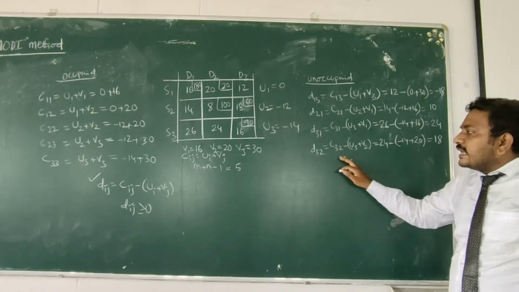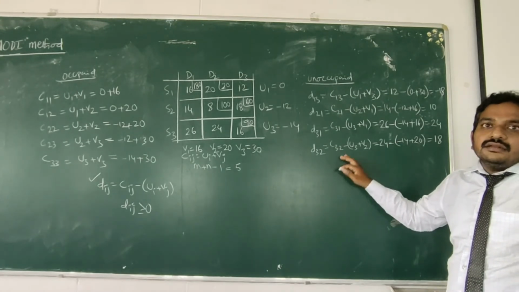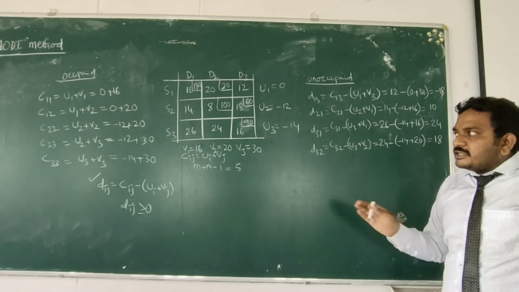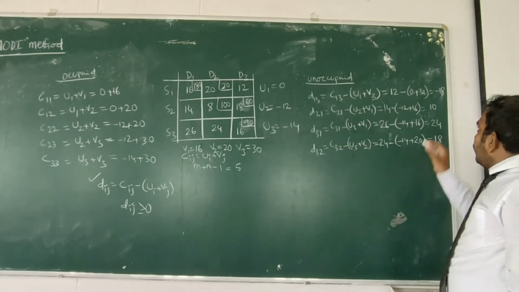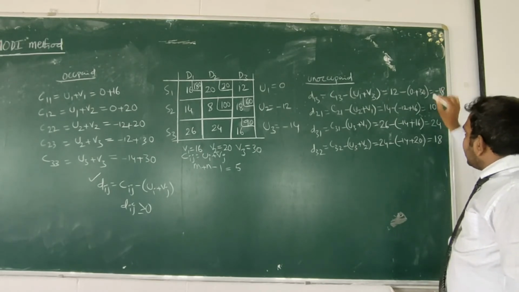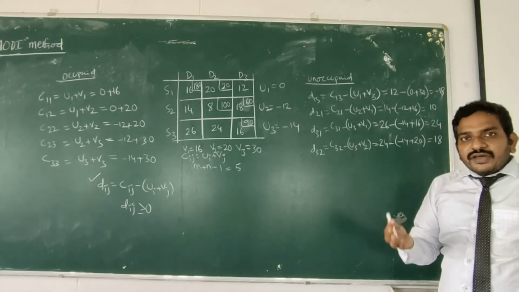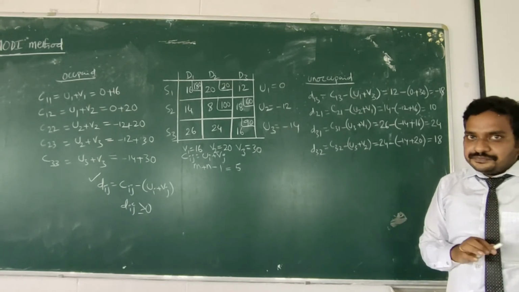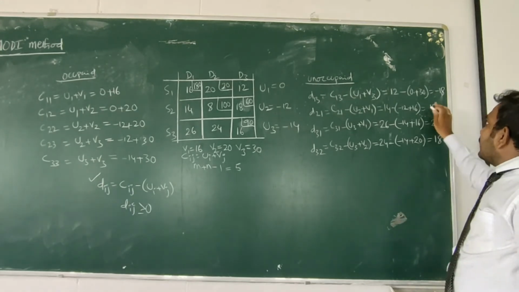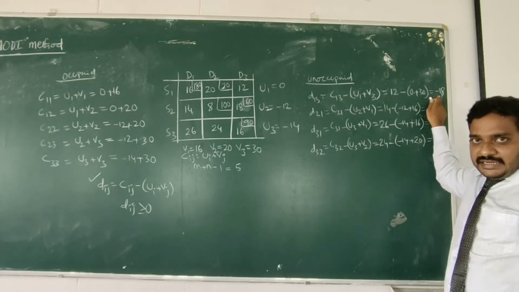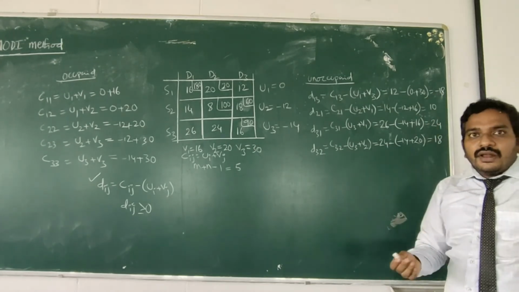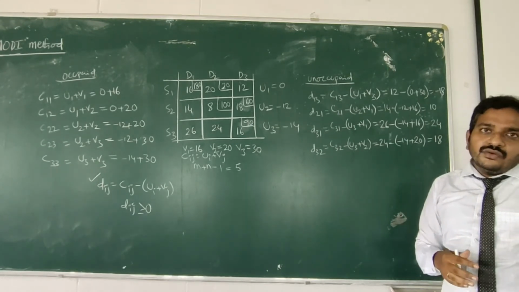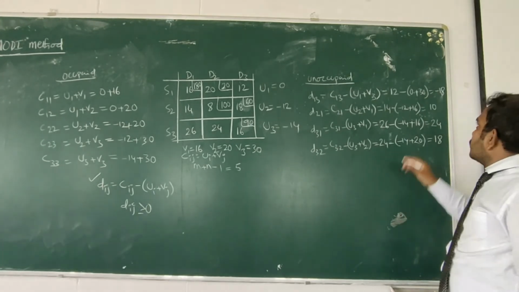Now we got all of these unoccupied cell values. These are important for making the closed loop and changing the allocations and distributions. From all of these values, verify that all are greater than or equal to 0. Wait, we have one negative value, that is minus 18. If you have more than one negative value, select the largest negative value among them.